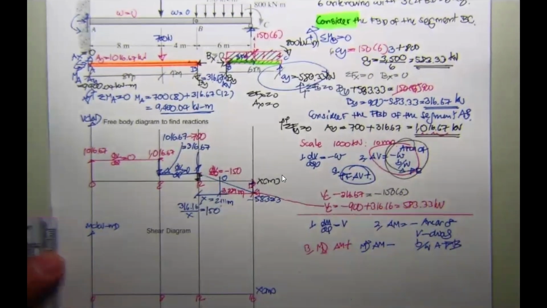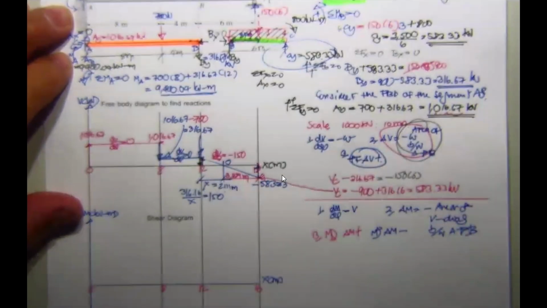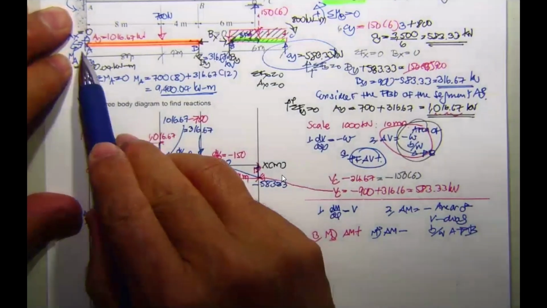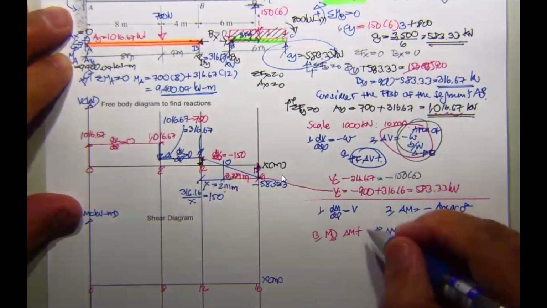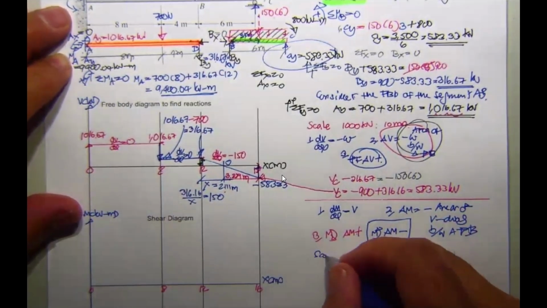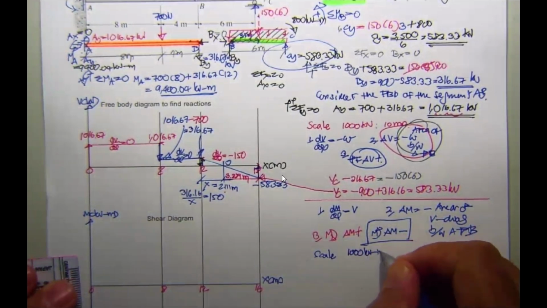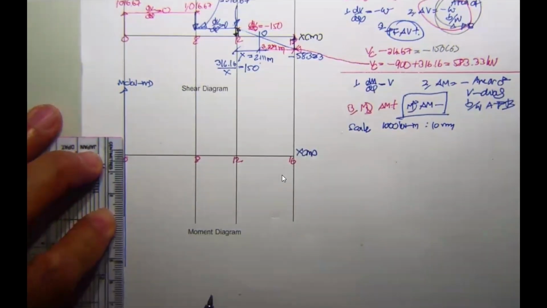We come to this point, and we have M sub A. Guys, take a look at this one. M sub A rotates counterclockwise, so M sub A starts with negative 9,000. So we've got to choose a scale. You cannot put 1,000 kilonewton meter per 10 millimeter because we don't have 9 centimeter over here. We have only 8 centimeter.